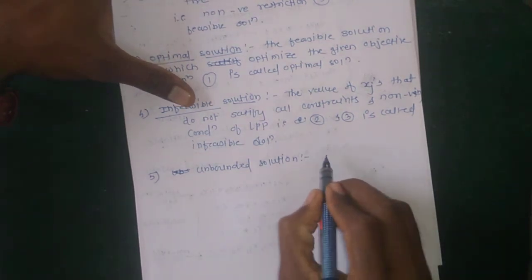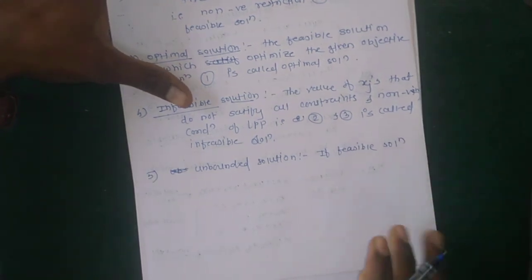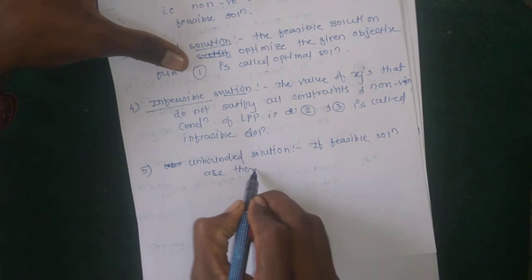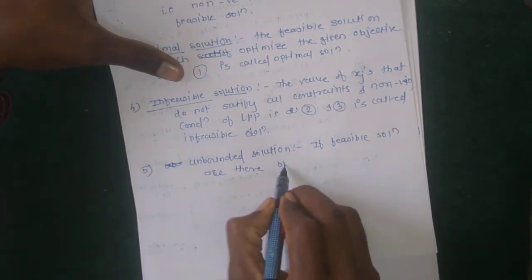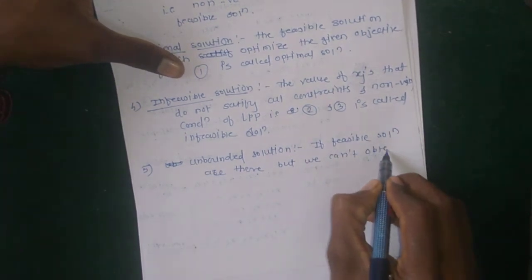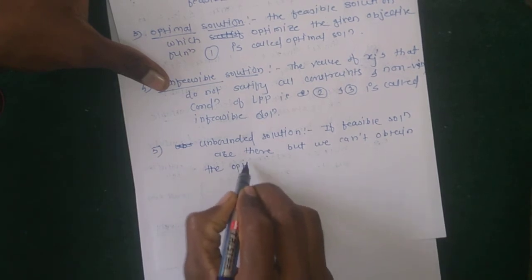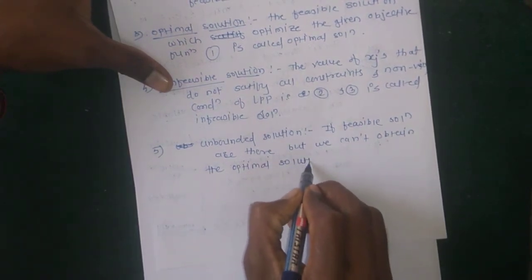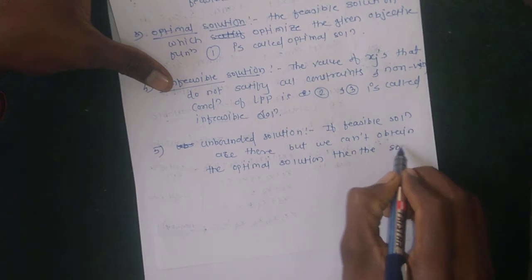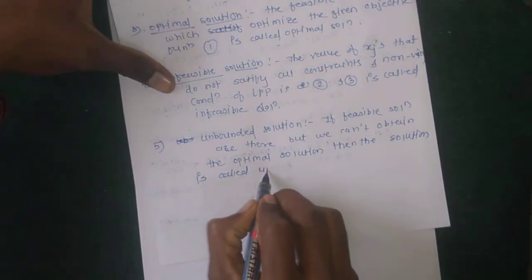The definition is: suppose feasible solutions exist but we can't obtain an optimal solution, then the solution is called unbounded solution.